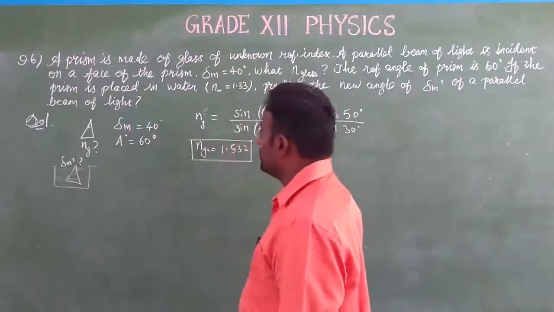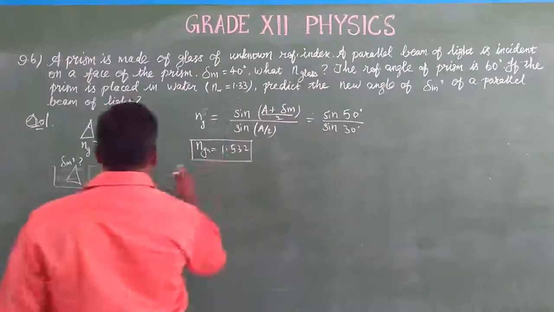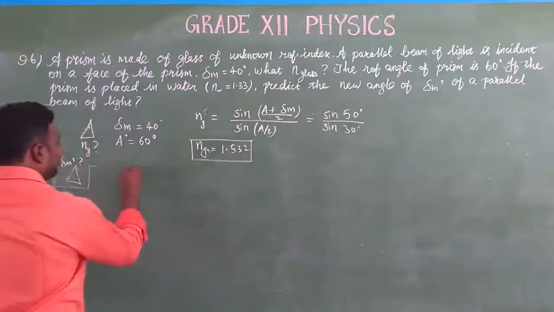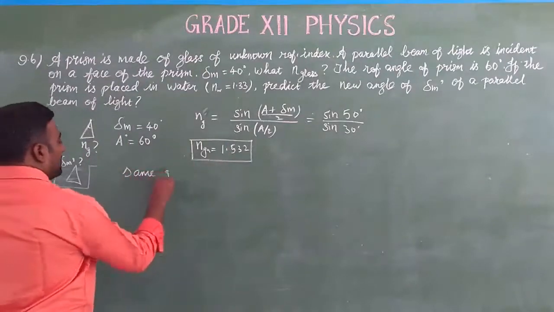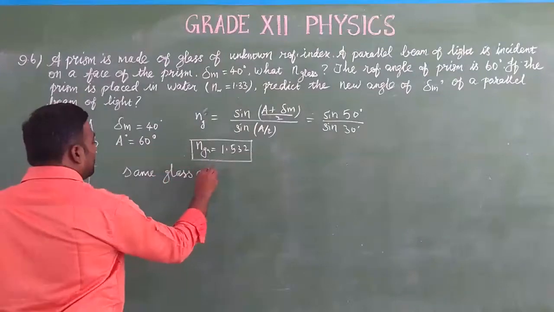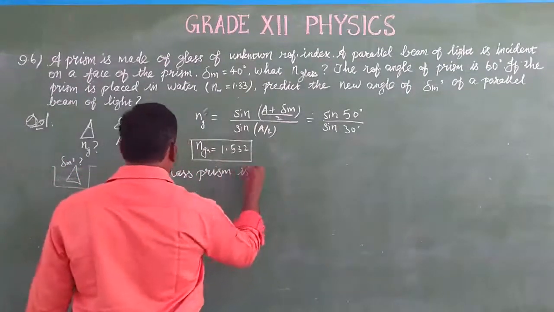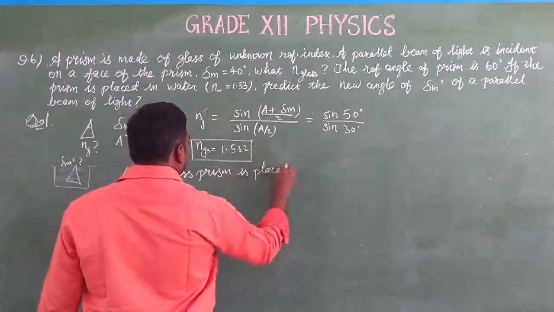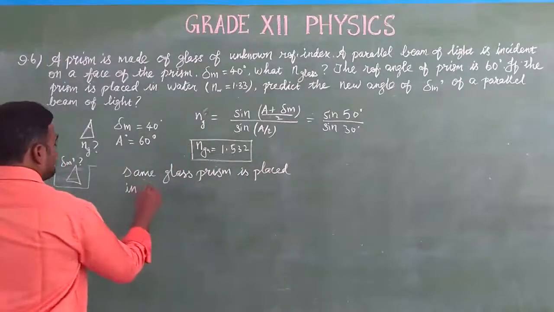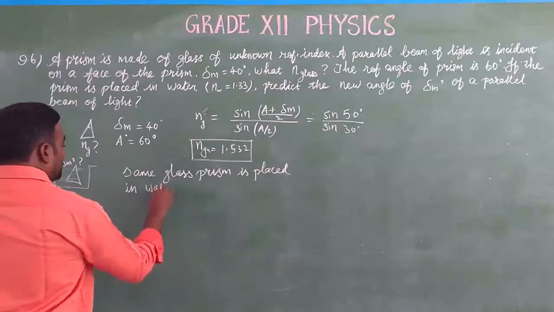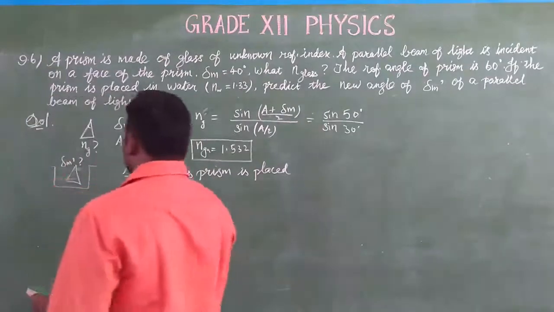The next one, where we are placing the same glass prism in water. When the same glass prism is placed in water, what is the new angle of minimum deviation?